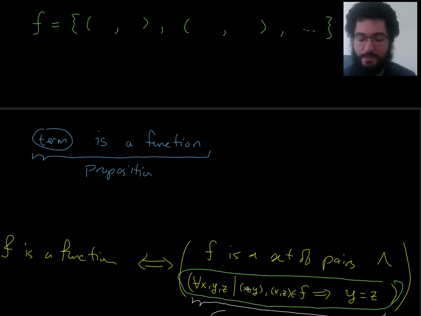So if you have the input x get associated by F to potentially 2 outputs, y and z, then in fact it had to be the same output. Another way of putting it, to every input, F associates a unique output. So these are all fine ways of saying things as long as you agree that the word input is just referring to left-hand positions of pairs that are in F, and the word output refers to right-hand positions of pairs that are in F.